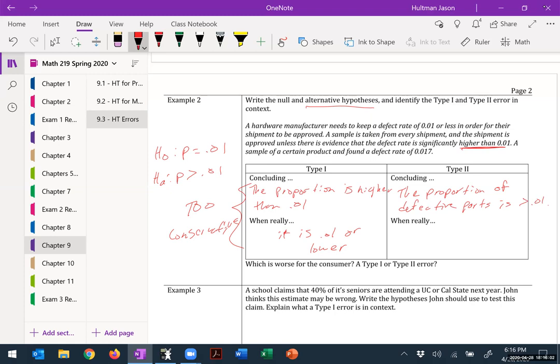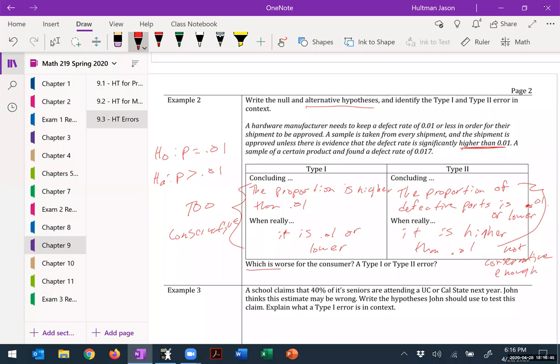No, we're accepting the null, I should say, that it is 0.01 or lower, when really it is higher than 0.01. And this is not conservative enough. We're letting stuff through that shouldn't get through.